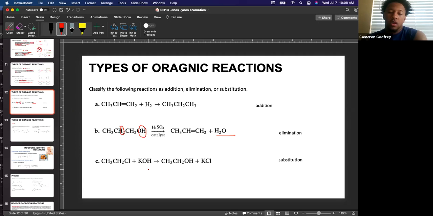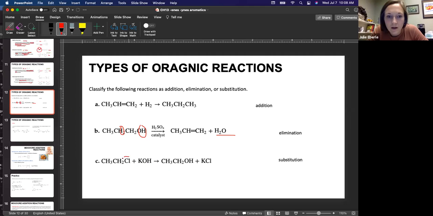The KOH and the potassium chloride at the end. So the chlorine here, yeah, and the OH are swapping. The potassium stays put, but the OH bonds to this, so we get an alcohol product, and then with the chlorine, you get potassium chloride. So the hydroxyl group and the chlorine switch.